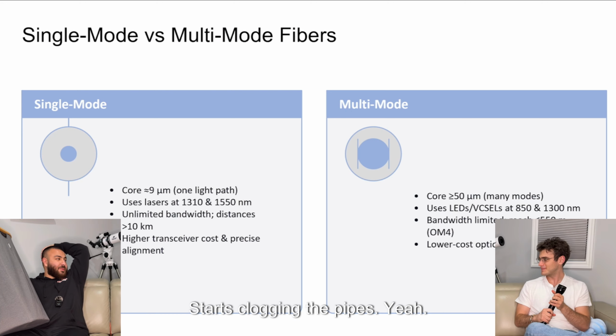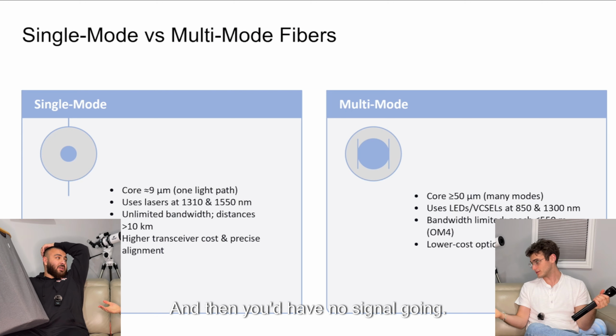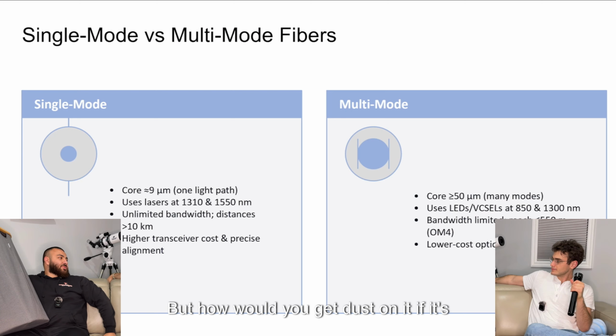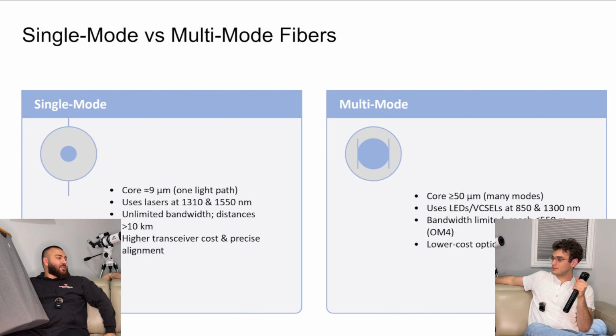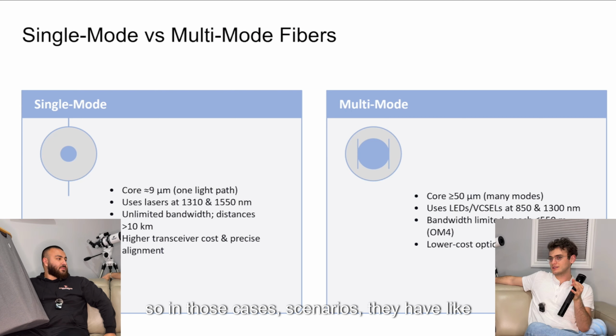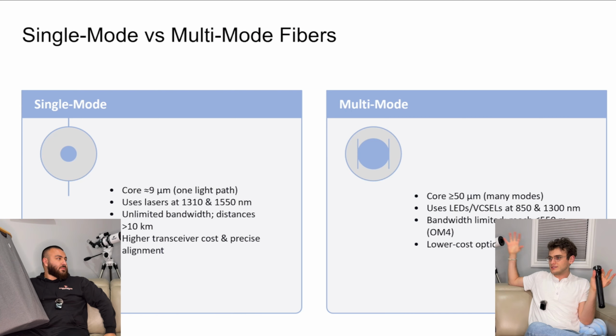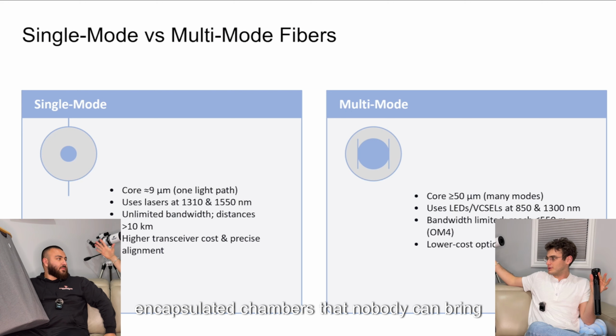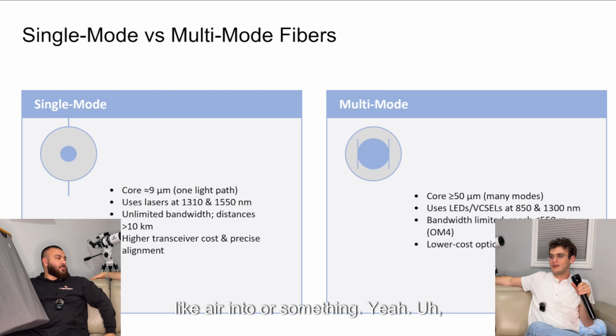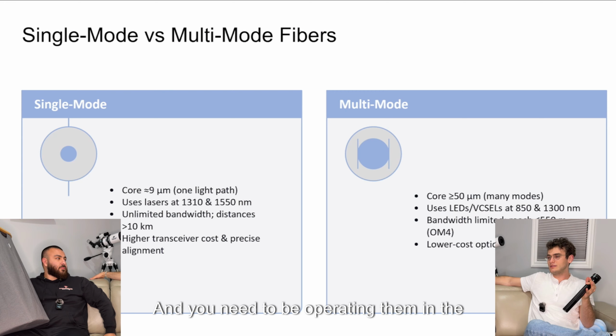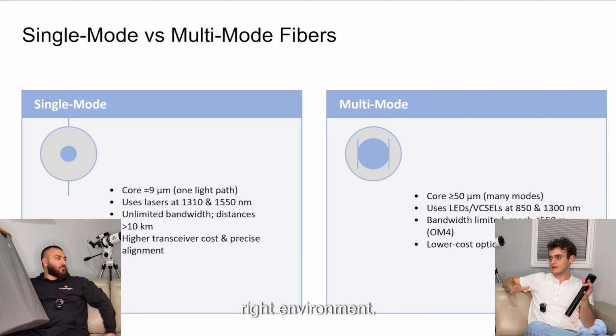It starts clogging the pipes, and then you'd have no signal going through. But how would you get dust on it if it's enclosed and protected? Well, in those scenarios, they have FOD-controlled encapsulated chambers, clean rooms that are super expensive to maintain, and you need to operate them in the right environment.